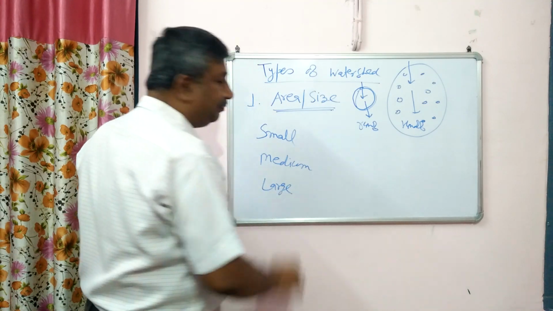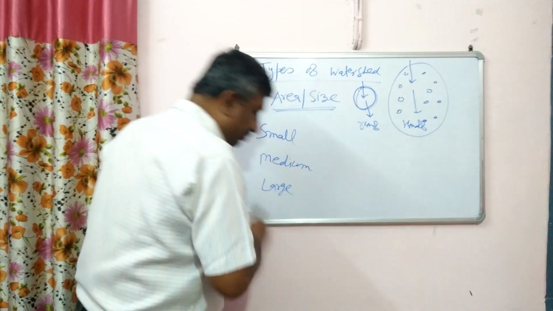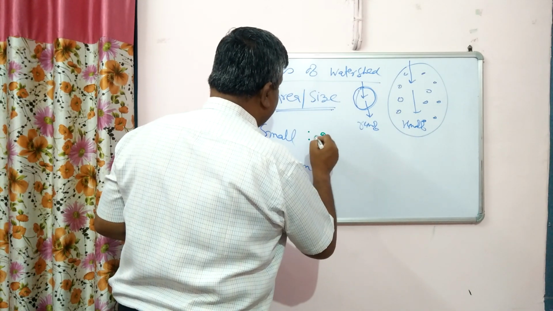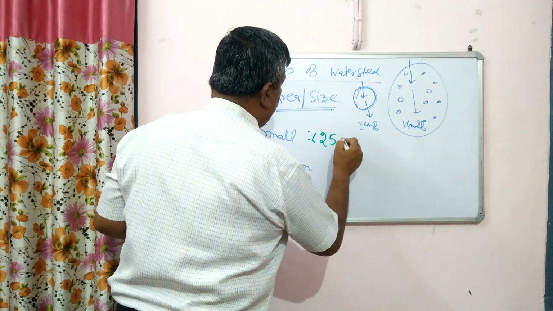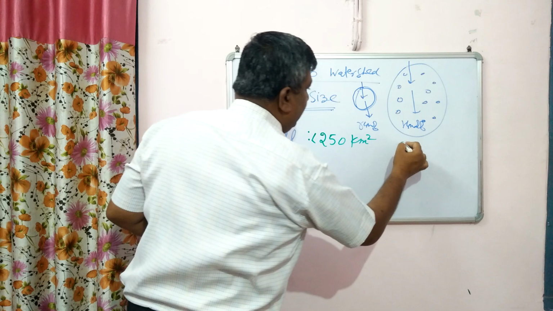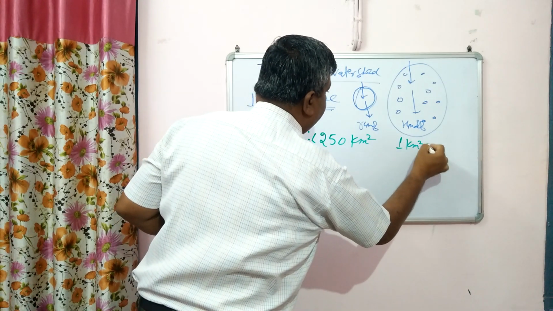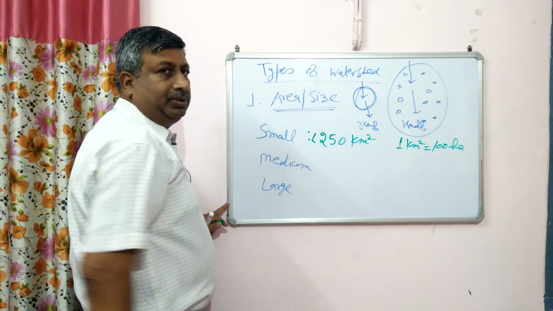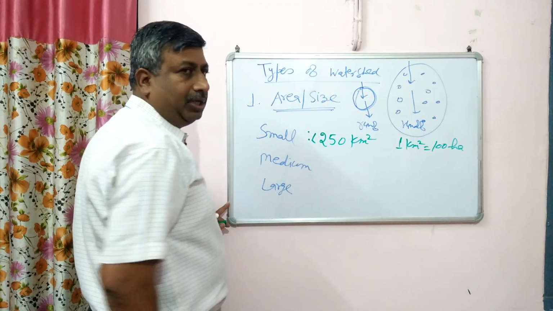This is the general classification. In case of small watershed, the area is less than 250 square kilometer, and 1 square kilometer is equal to 100 hectare, so you can convert square kilometer into hectare.